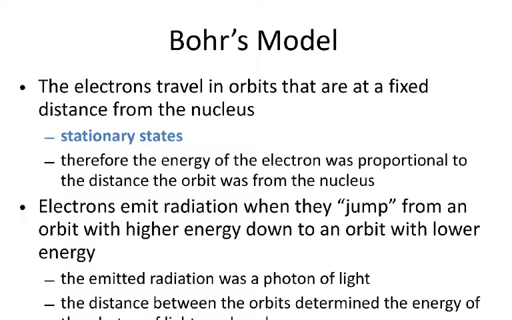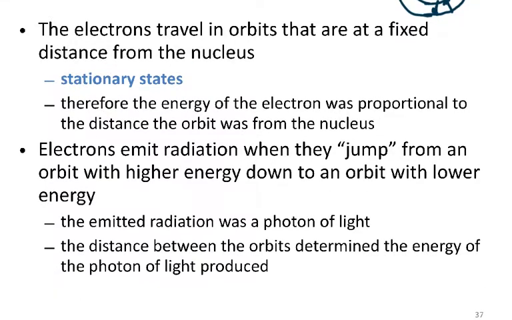Now in Bohr's model, his model looks kind of like a model of the solar system, where you have the nucleus in the middle and then electrons traveling in orbits at fixed distance from the nucleus. And then when electrons jump from one state to another, from a higher energy down to a lower energy, that difference in energy level is emitted as a photon of light, and that is what causes those lines in the spectra.